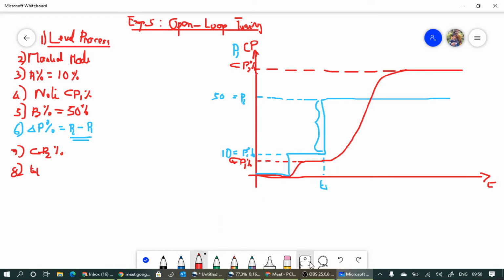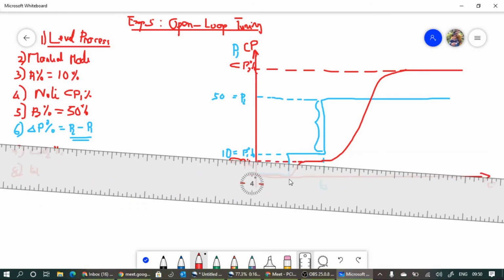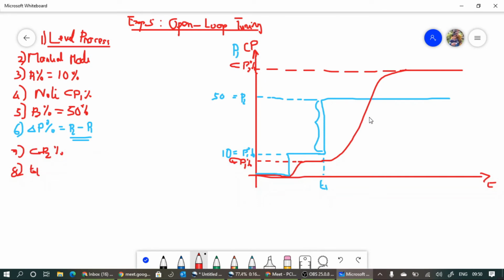Now again select the scale. Before selecting the scale, as I told you, even if the process variable is changing here, that change is negligible, and here that change increases, meaning the slope of this curve increases. Somewhere here the slope is maximum, then it decreases. Here the slope is again 0.